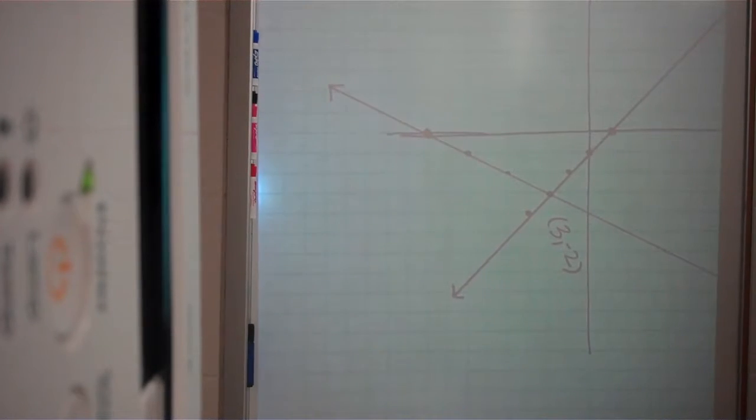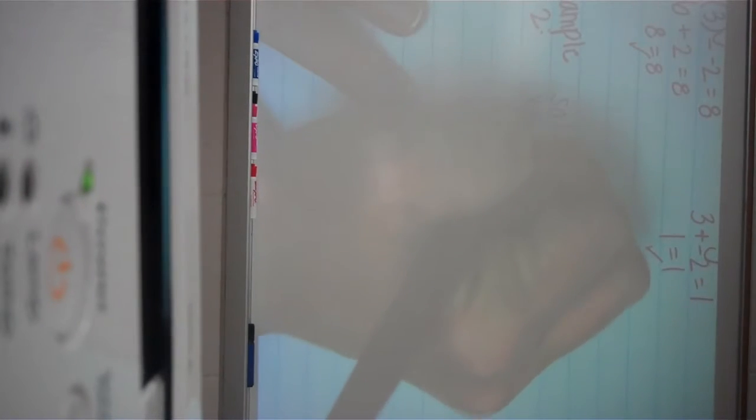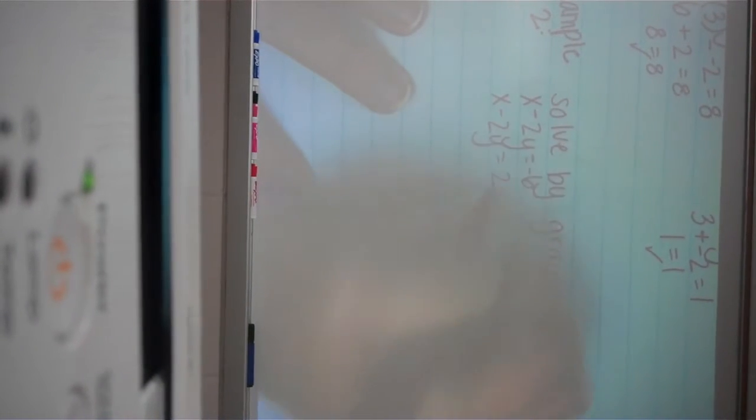Example 2. Same thing, solve by graphing. x minus 2y equals negative 6, and the second one is x minus 2y equals 2.